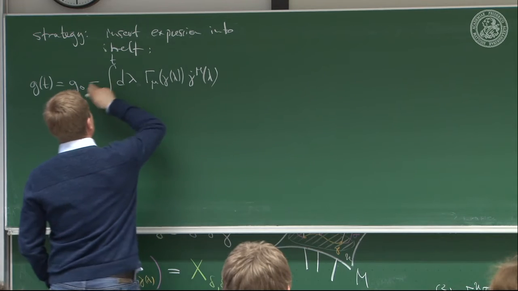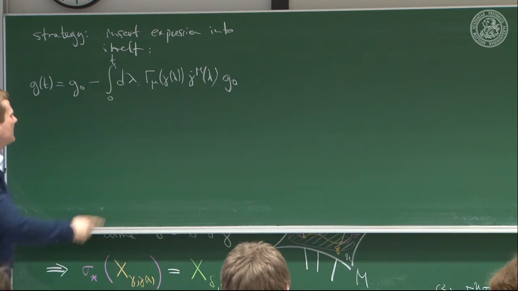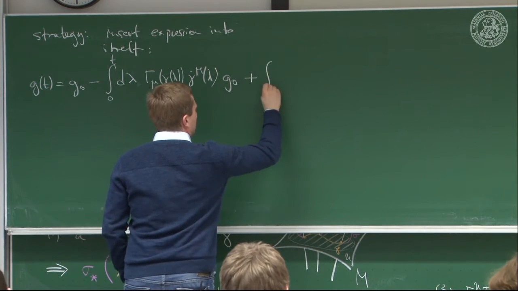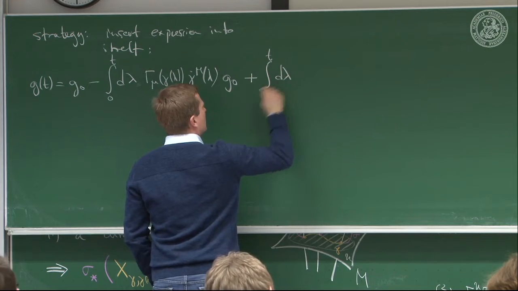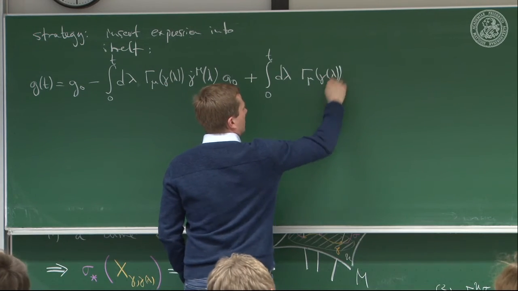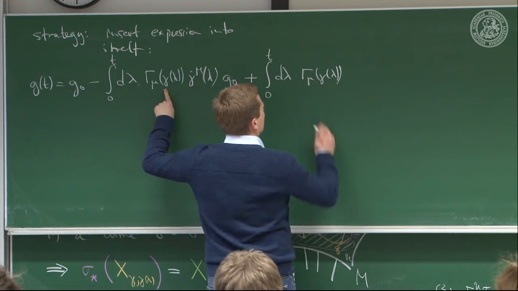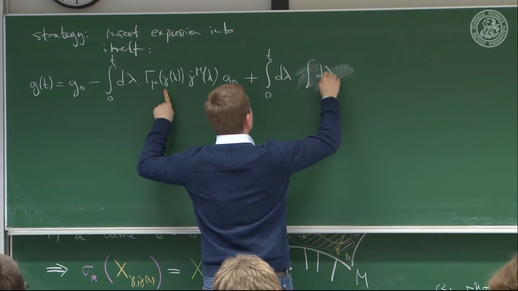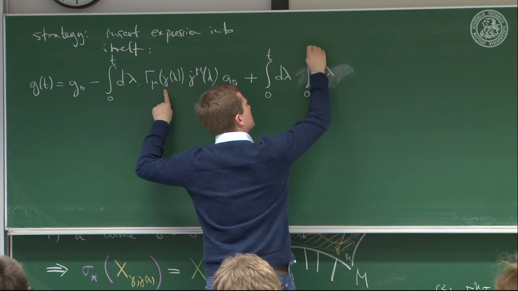So what I get is a factor g0, that's this. Then I get a minus, but there's already a minus, so it becomes a plus, and I repeat this part of the expression, integral from 0 to t d lambda, gamma mu of lambda is repeated, and now there comes another integral, which of course I can pull in front, integral d lambda, but I only plug in the g of lambda, so that only runs from 0 to lambda.